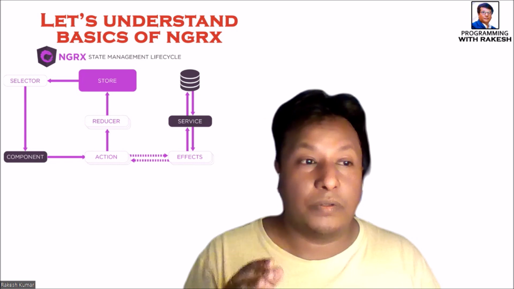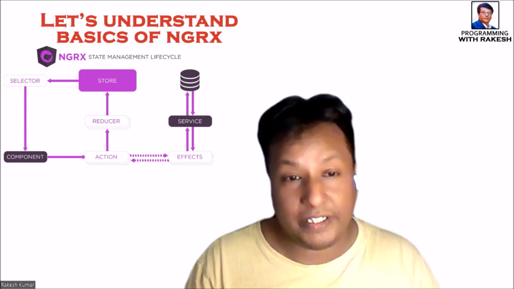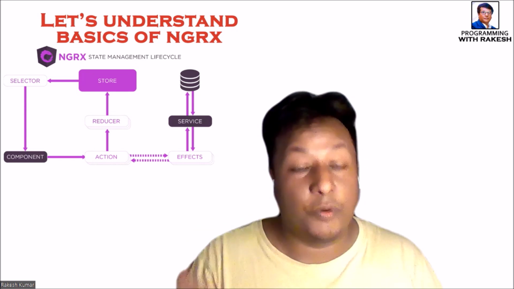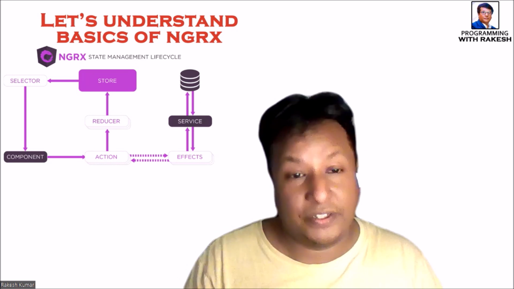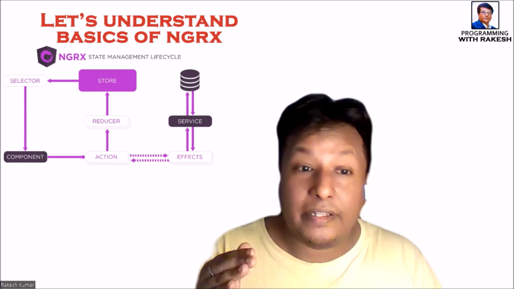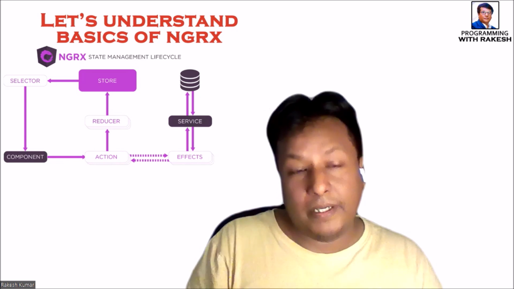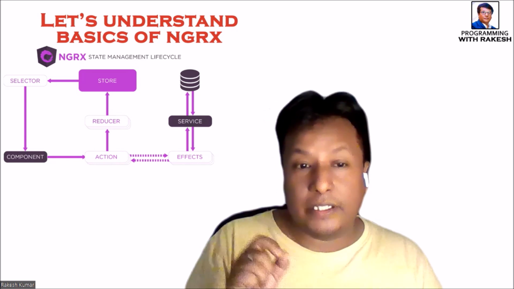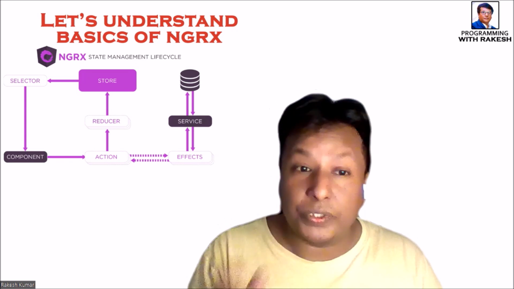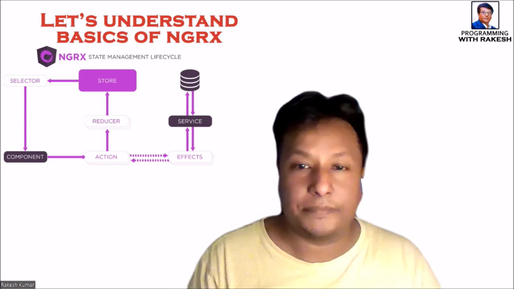Now a reducer takes the initial state plus the new action that user did, like adding a user, removing a user, modifying a user detail, anything. And then it updates the state of the application. So for example, earlier the user details could be Rakesh. Now the new state could be the name is Rakesh Kumar, like that.